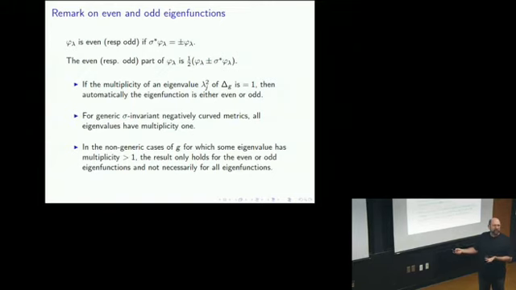There may be some strange metrics on the surface which have highly multiple eigenvalues, and then our result only applies to even or odd eigenfunctions, not to some linear combination. But that's a very sparse set of metrics, and generally all the eigenvalues have multiplicity 1. And so we don't really have to make this additional assumption that the eigenfunctions have to be even or odd. It's automatic.